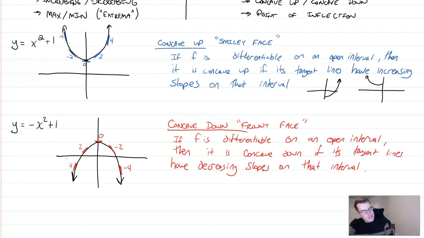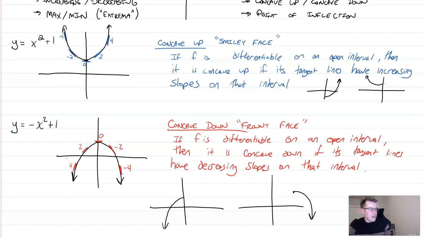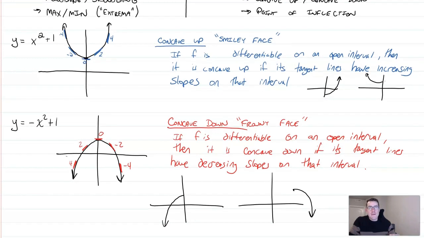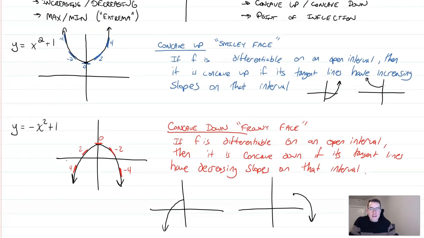Same thing for concave down. If you have any part of it that's concave down, this function right here is still concave down. If you had the right side, say you have this, that's concave down still. It's the right side of a frowny face, the left side of a frowny face, and so forth. Okay, so that's what it means for a function to be concave up and concave down.